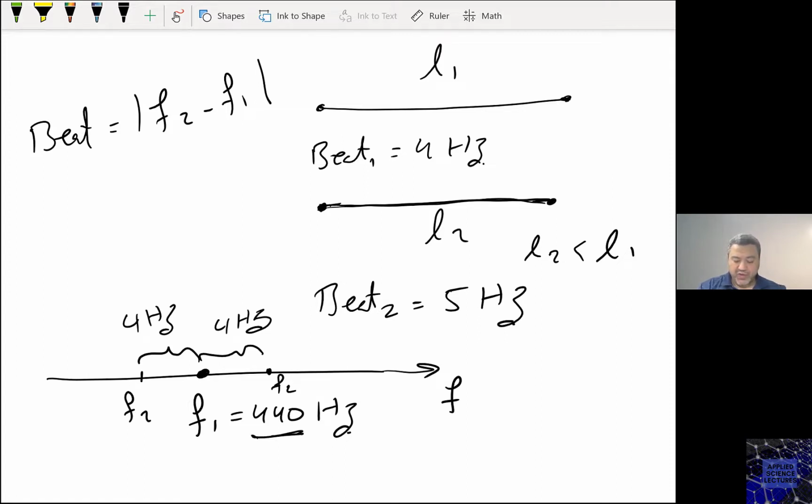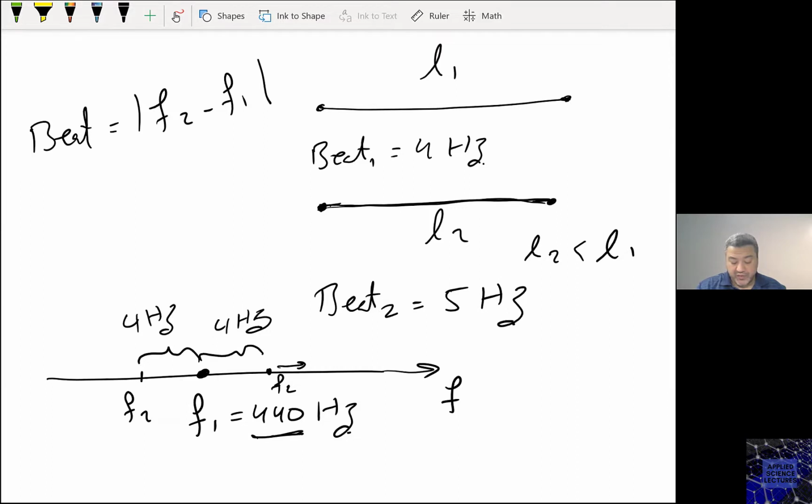However, when we tighten the string, the beat frequency increased, which means the difference became larger than 4, became 5, which means that this F2 has moved up, right?